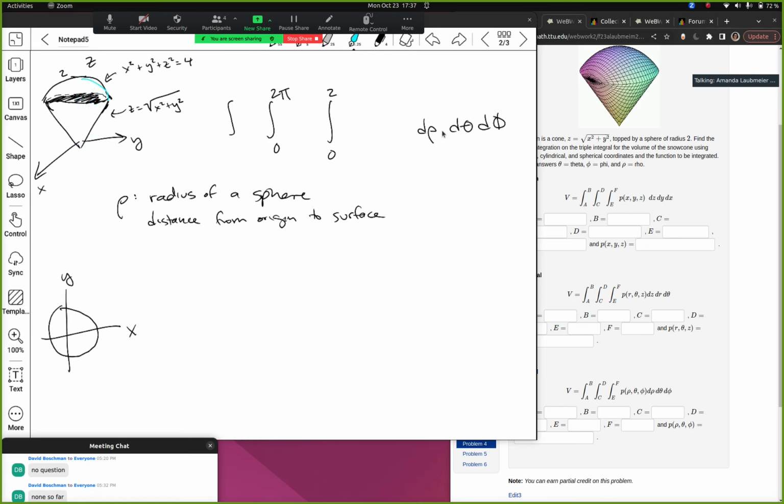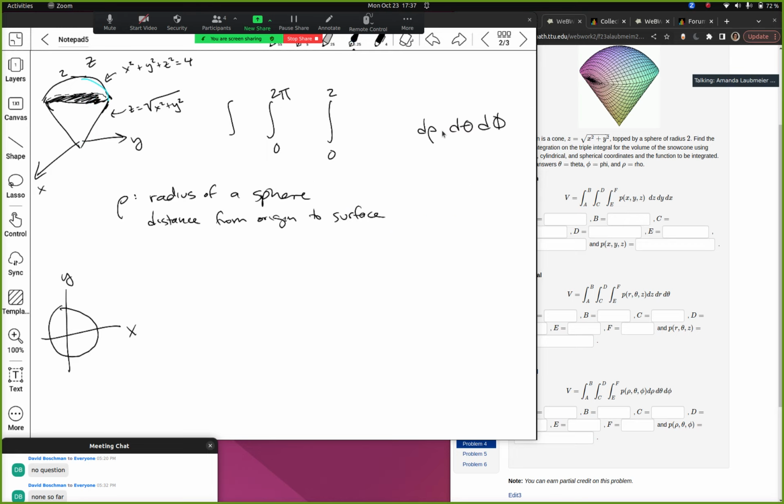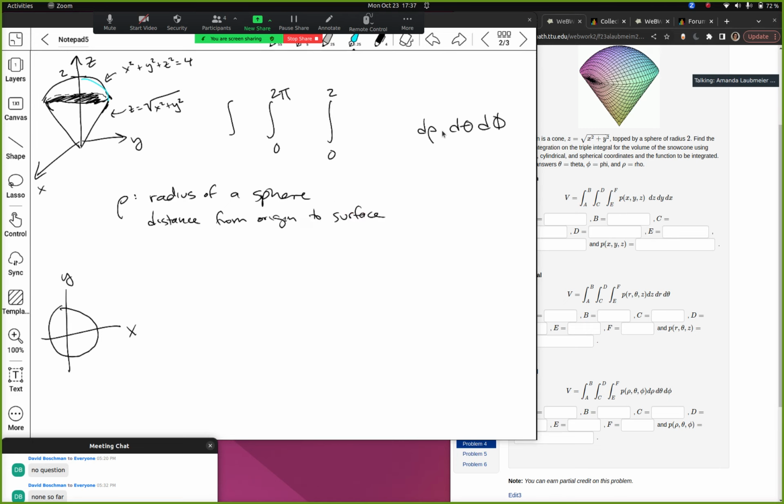And then phi is the last thing that we have to fill in. And phi is the angle that goes from the positive z-axis down to the surface. So since we're filled in all the way to the positive z-axis, if you're looking down from here, you would see no hole in the middle.